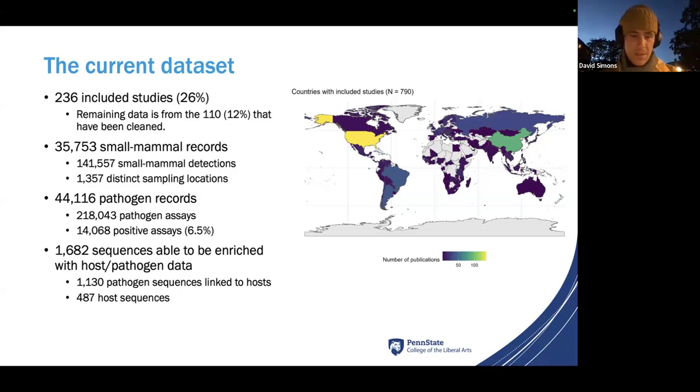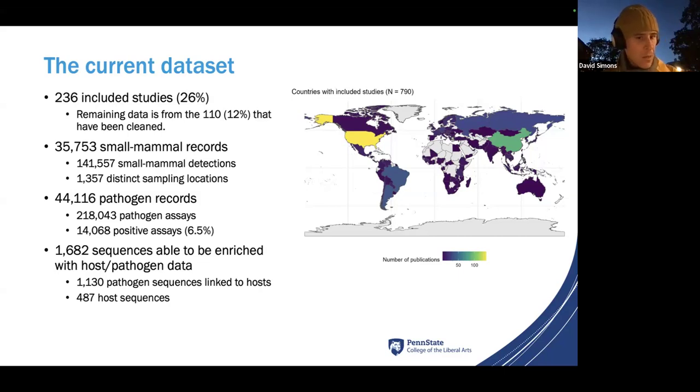We have similarly 40-something thousand pathogen records, and that's because you may be testing a single individual for multiple pathogens, particularly with some of the hantaviruses where the assays aren't that specific. You may have a general sort of screening ELISA for hantaviruses, but then you may do more specific tests for a particular viral pathogen that you're interested in.